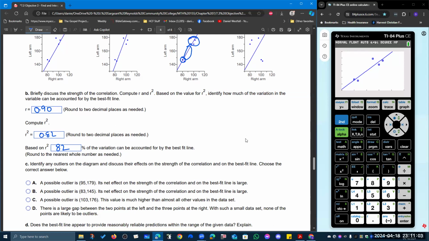With such a small data set, none of the points are likely outliers, but we just need to note that it's interesting to us that they're clustered together in 2 clusters like that are so far apart from one another.